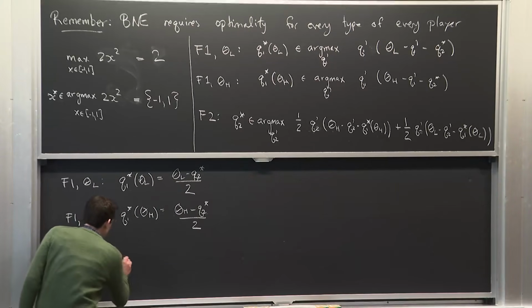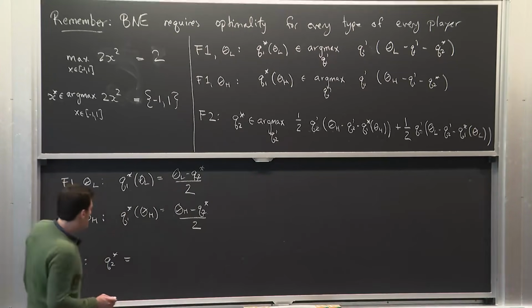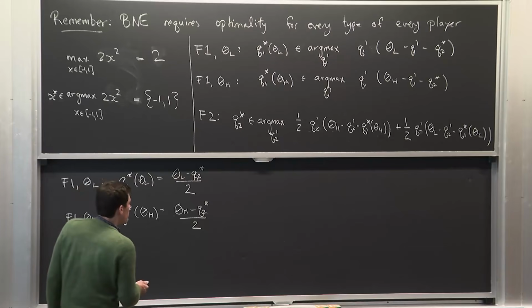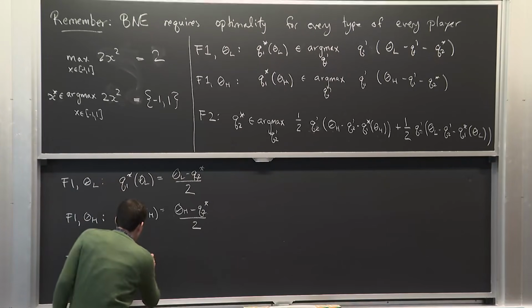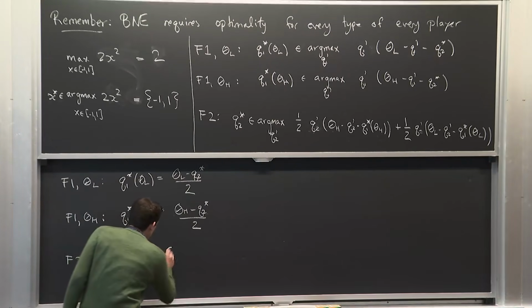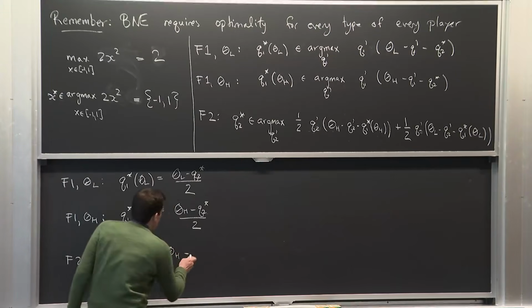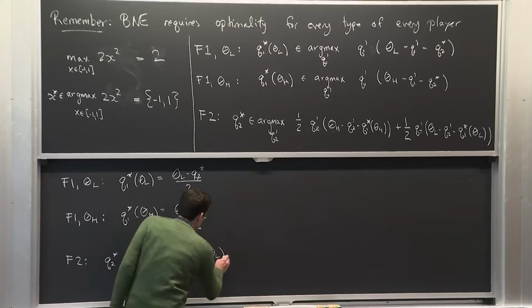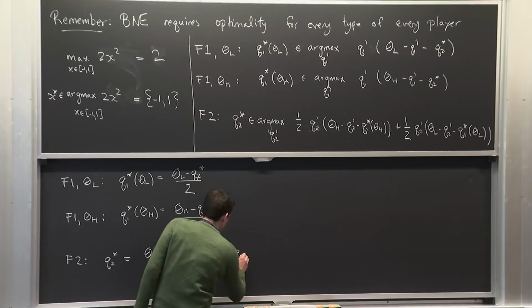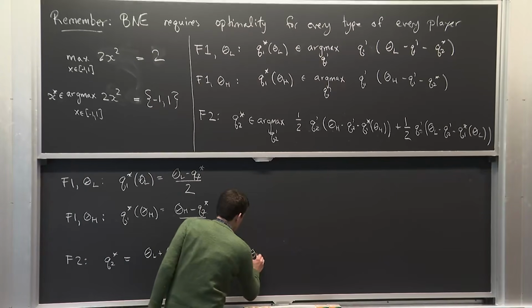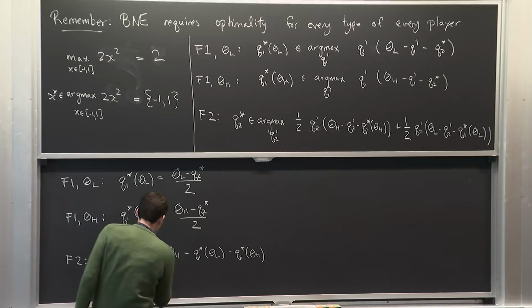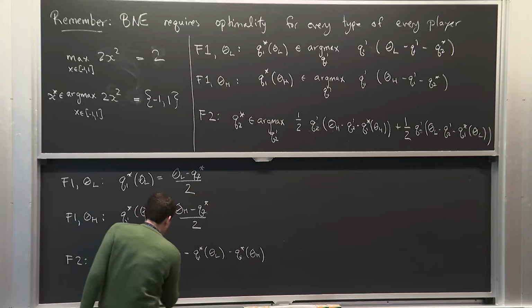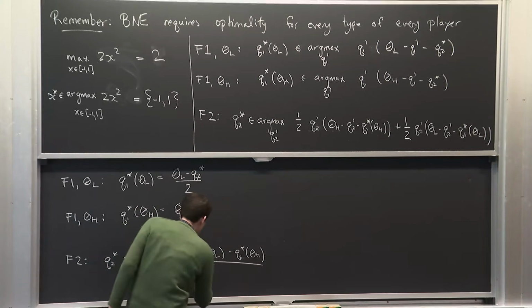Q2 star equals, it's going to be an average. So it's going to be theta L plus theta H minus Q1 star of theta L, I think over 4.